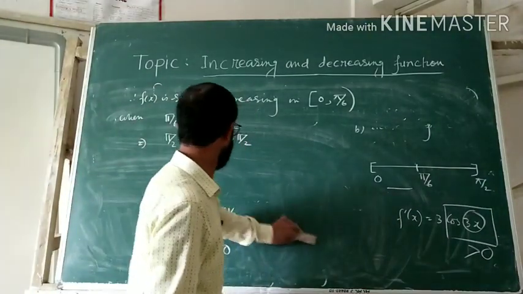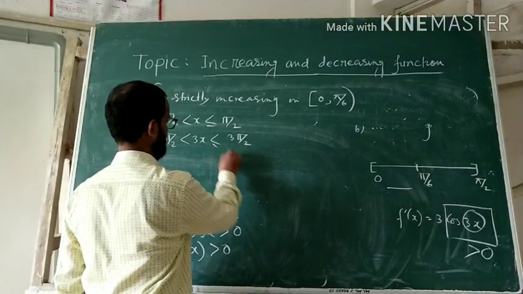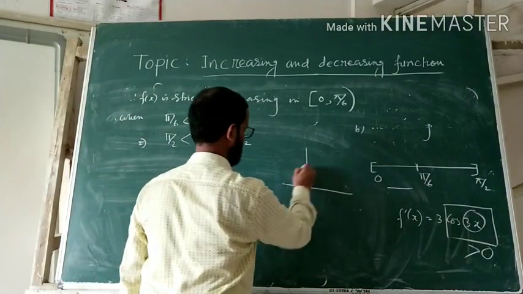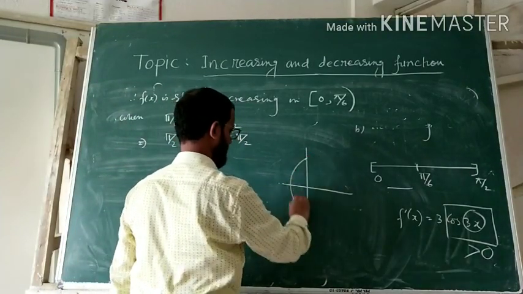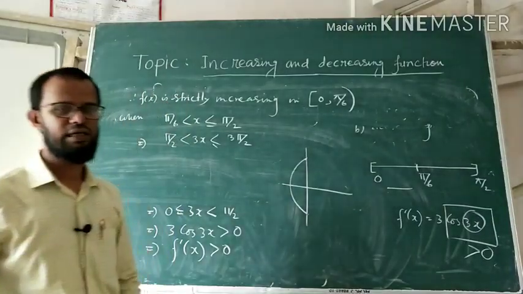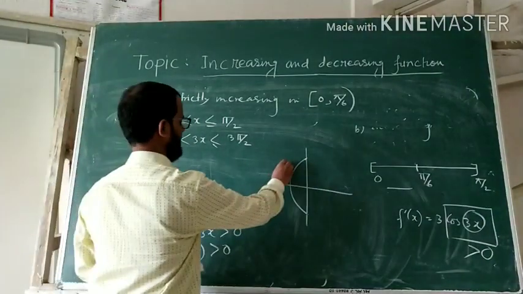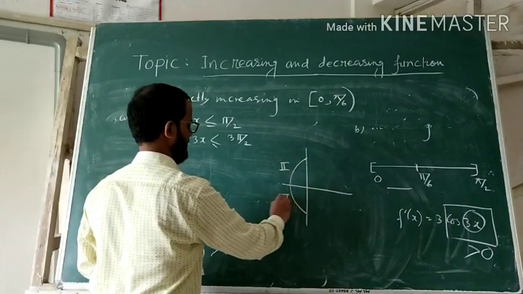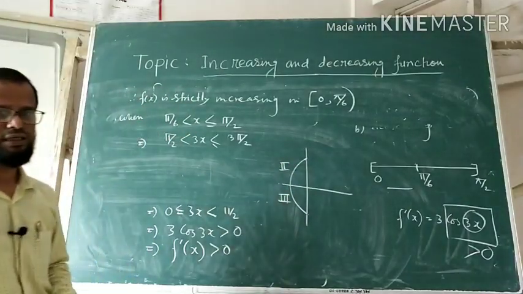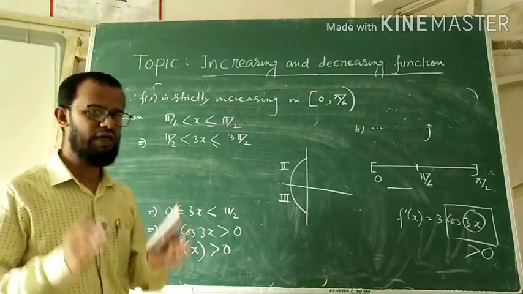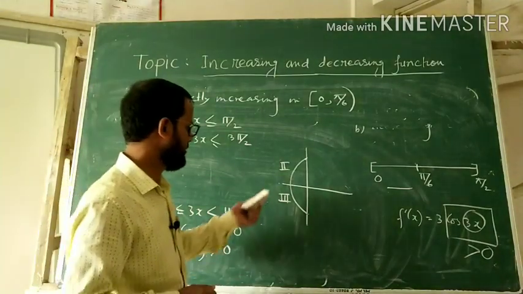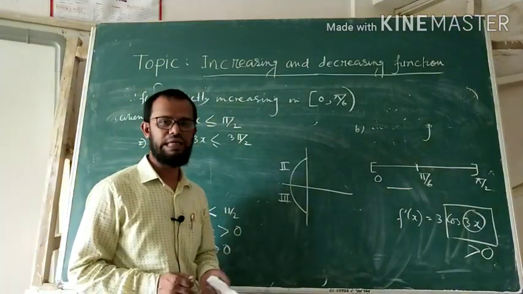Okay. So finally your angle is lying in the second quadrant, वहाँ से शुरू होके 3 pi by 2. That means lying in the second quadrant as well as the third quadrant. And we know that cos of any angle lying in the second and third quadrant is always negative.